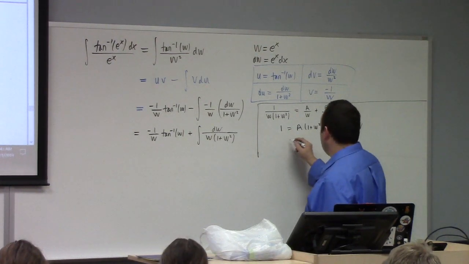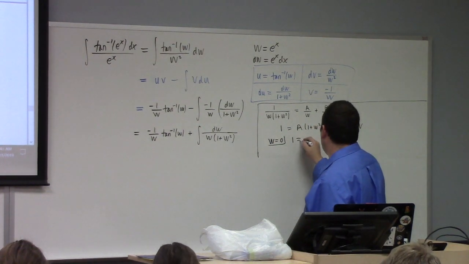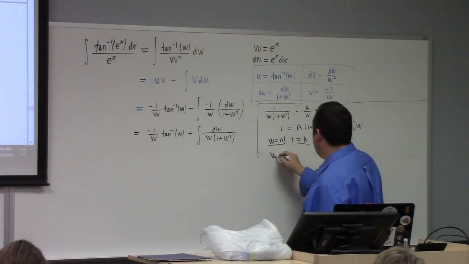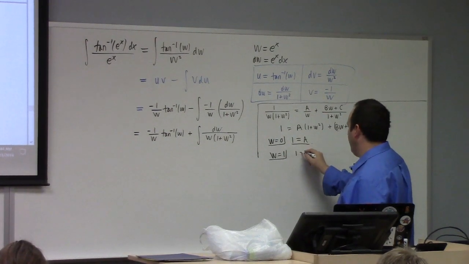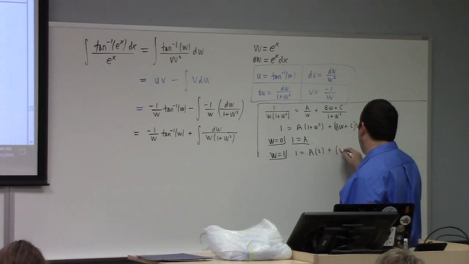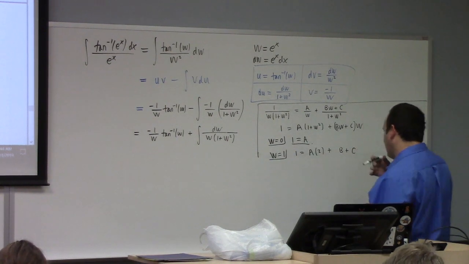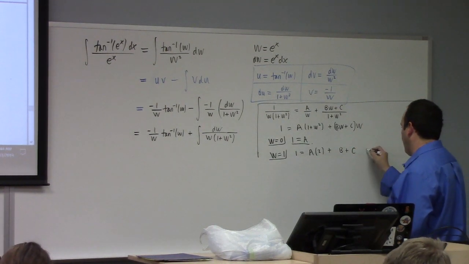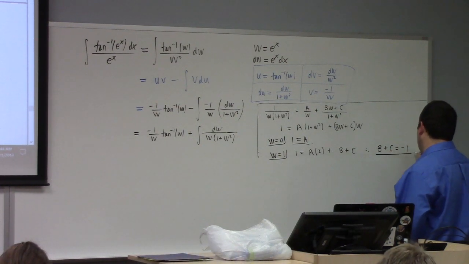And so what's that give me? Well, if I put in w equals 0, that gives me 1 is equal to a. If I put in w equals 1, what do I get? I get b plus c equals minus 1 as an equation. Let me call that star.